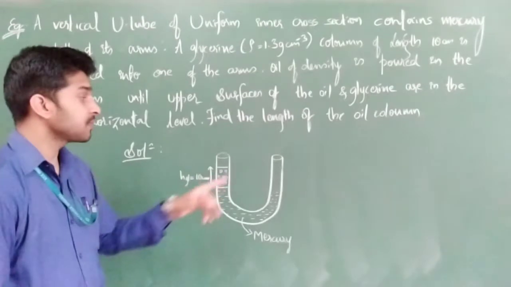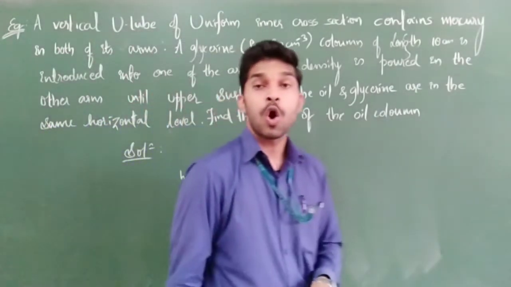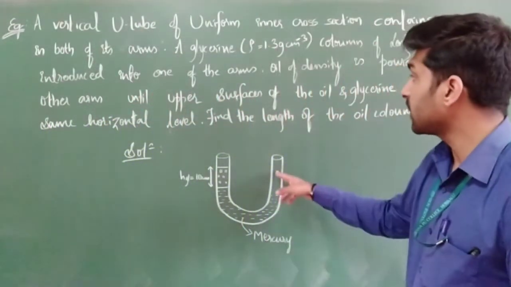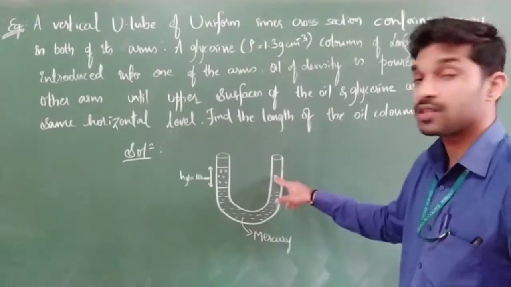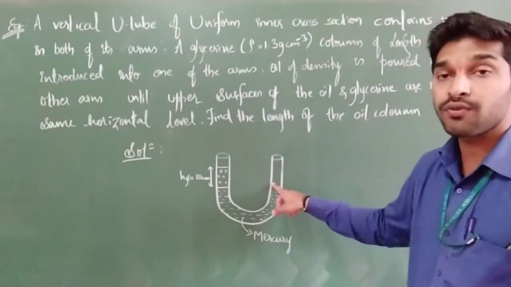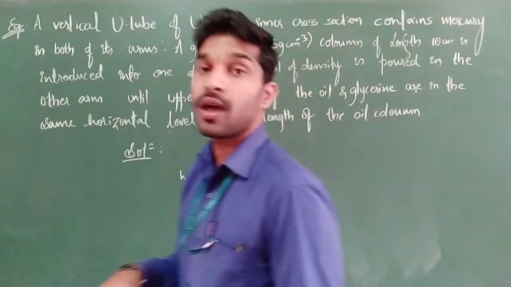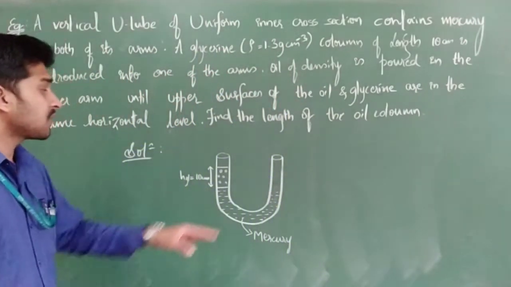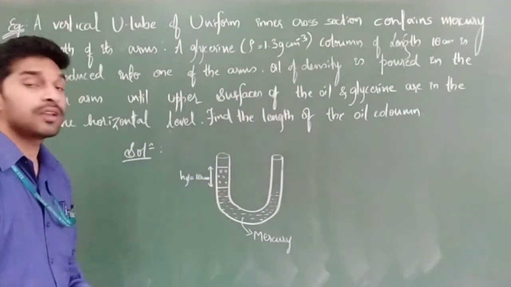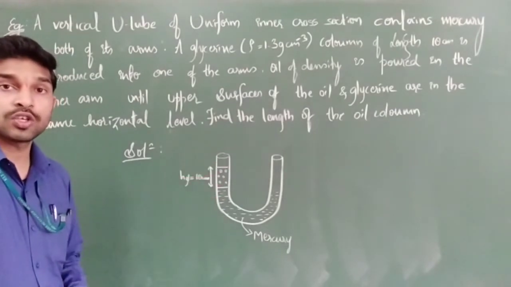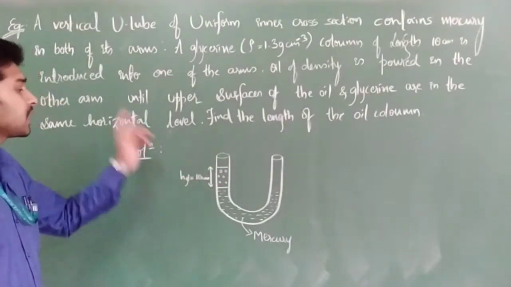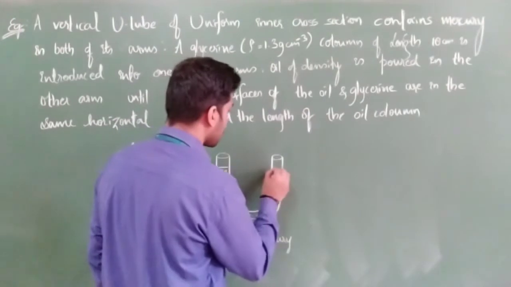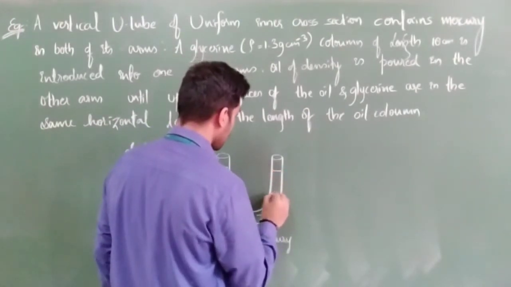So what they are telling is, if we put some oil here in the right hand side tube, which is open, then what will happen? Both the upper surfaces will remain completely in a horizontal manner. So how can I draw here?